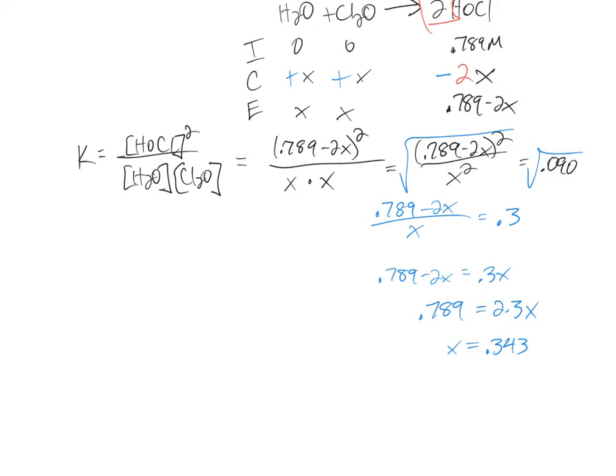So going back to our ICE table, if we know that the concentration of H2O is simply x, then that is also 0.343 molar. And the concentration of Cl2O is also x, that's also 0.343. For the HOCl, we would need to take 0.789 minus 2 times 0.343.